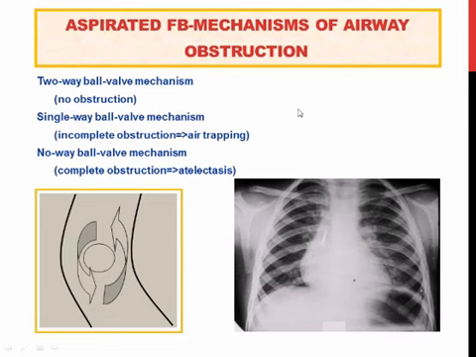If you know the mechanism of obstruction, the foreign body is small, then it will allow air to go through it on inspiration and expiration. You will have a two-way valve mechanism, and your parenchyma will be normal despite the presence of a foreign body.